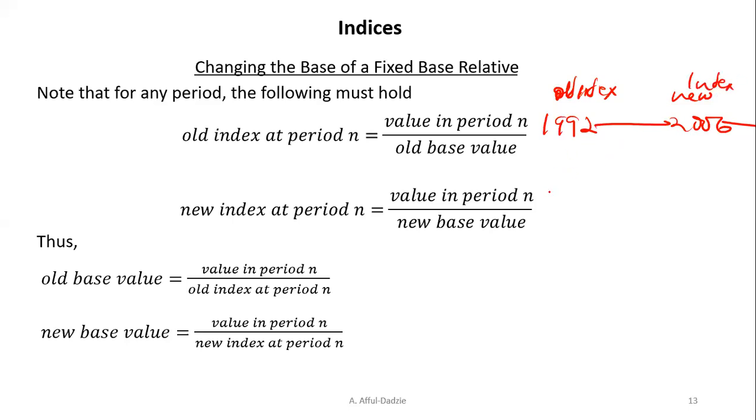If you're using the old index period at n, then we would use the value at period n that we are interested in, divided by the old base value.